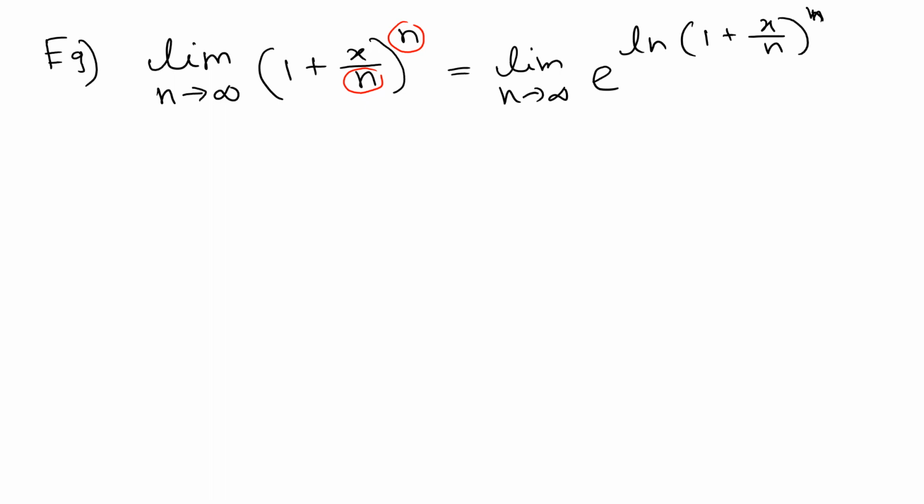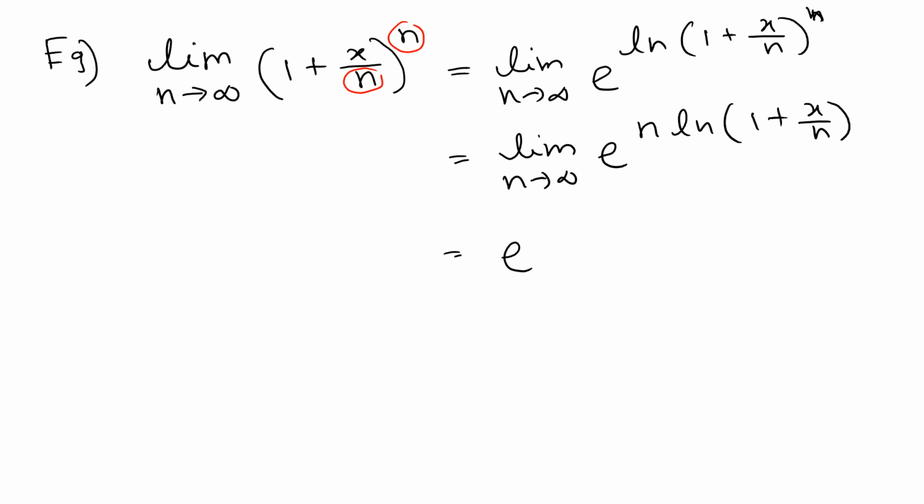Because of the natural log, the power comes out, so it's going to be e to the n times ln of 1 plus x over n. Now we're going to bring the limit inside using continuity. You need to do that before you take the derivatives. So it is n times ln of 1 plus x over n.